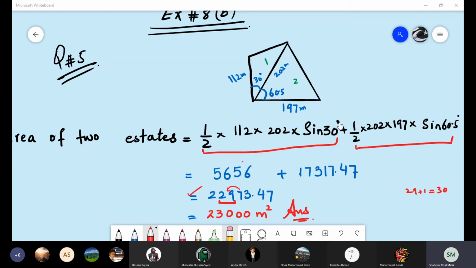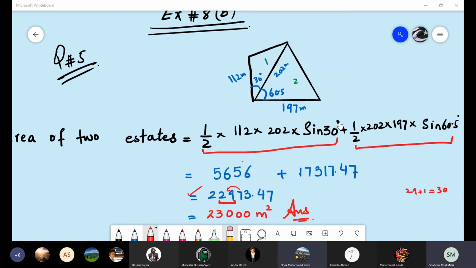Keep your hands down, boys. Any problem now in sine rule and the area of the triangle? No, ma'am. So complete this question now. Done, ma'am.